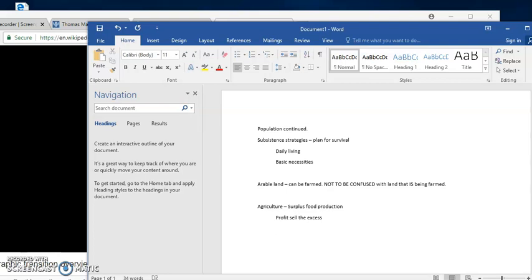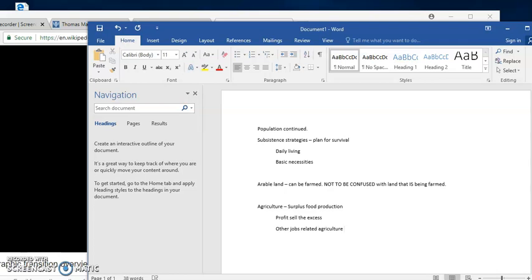And so food is one of the primary businesses, one of the primary economic ventures that people focus on in an agricultural subsistence strategy. But also there's other jobs related to agriculture that are part of the economic structure.